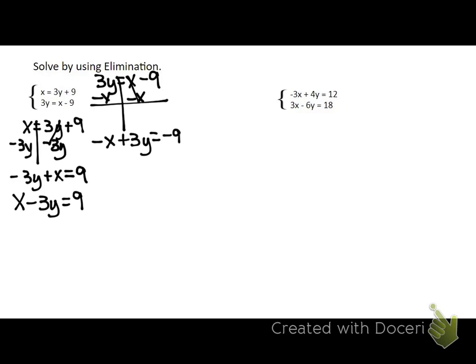Okay. So both are now written in standard form. I'm going to bring this equation down below the first one. So now I have negative x plus 3y equals negative 9. Am I going to add these together or subtract these together to eliminate one of the variables? Which variable do you want to eliminate? y. So what are we going to do to eliminate it?